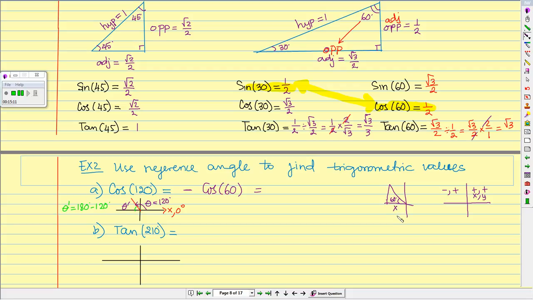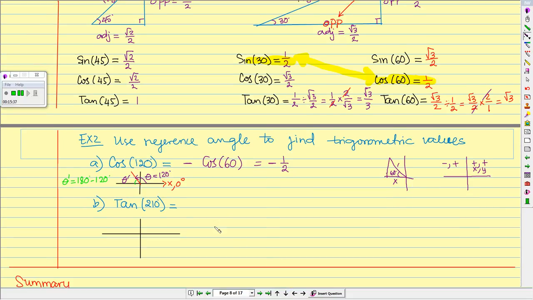So this will be your x right here, which is negative. So that's why your cosine has to be negative, because this is your adjacent and your hypotenuse is 1. So cosine 60 we know is 1/2. So basically we just put that answer next to the negative sign, negative 1/2.